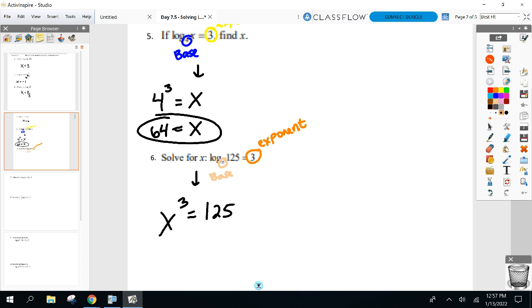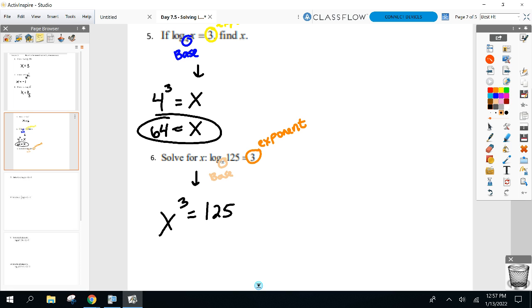A couple different ways I could move now to get x by itself. Anybody want it? How do I get x by itself? We've done these. I could cube root. Or think about, how did we get rid of an exponent the last couple weeks here? Remember, I only want to log it when I have a variable in the exponent.